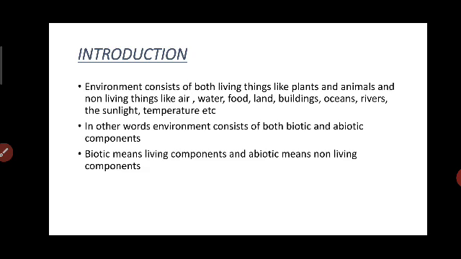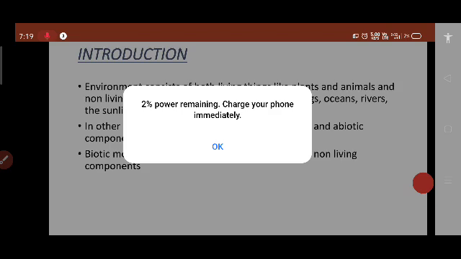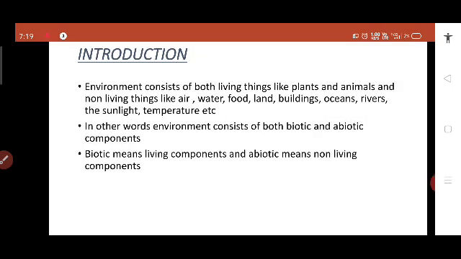So, environment consists of both living things like plants and animals, and non-living things like air, water, food, land, buildings, oceans, rivers, sunlight, temperature, etc. In other words, environment consists of both biotic and abiotic components.